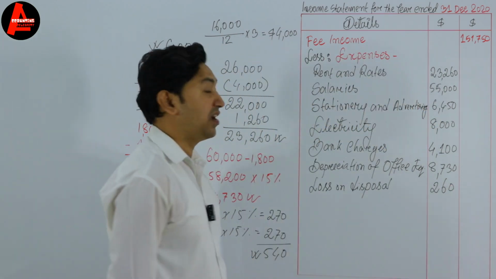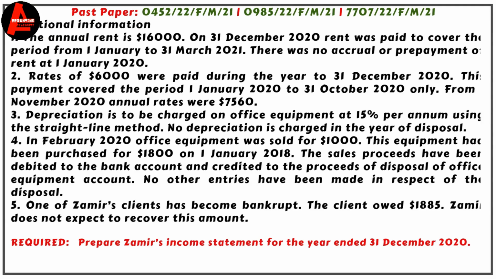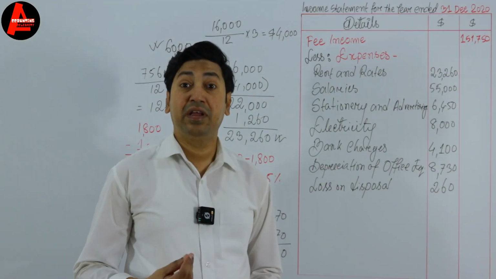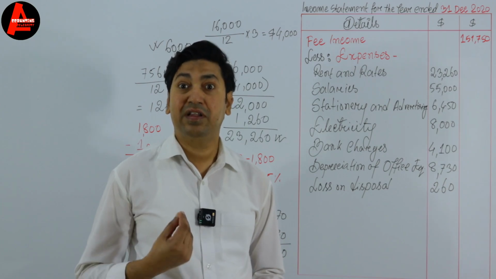We calculated here $260. Now one more adjustment we have, number 5. One of Jamir's clients has become bankrupt. The client owed $1,885. Jamir does not expect to recover this amount. So this amount cannot be recovered, so this will be an irrecoverable debt.